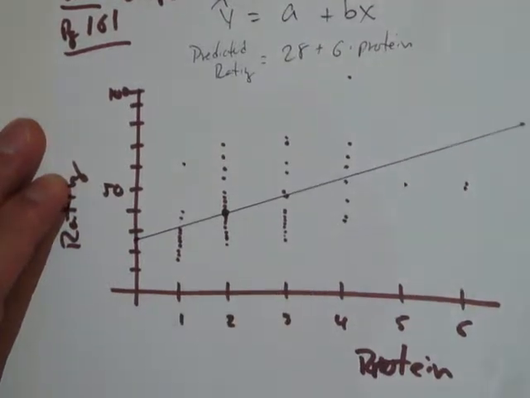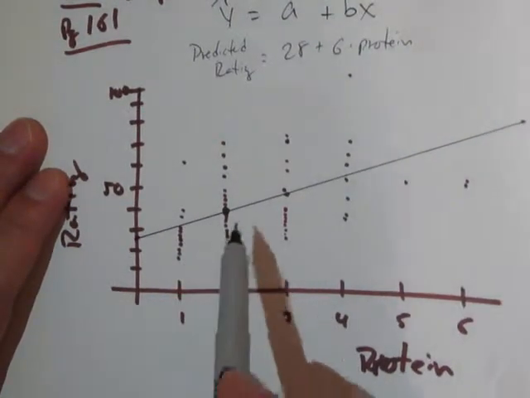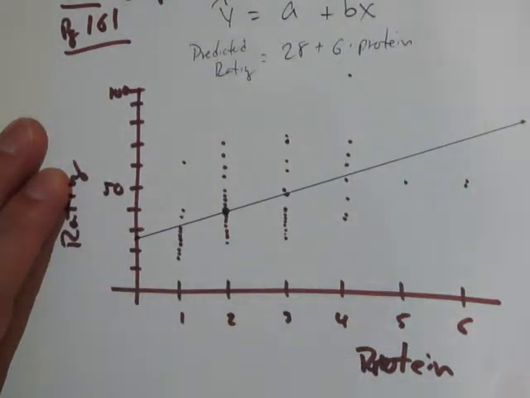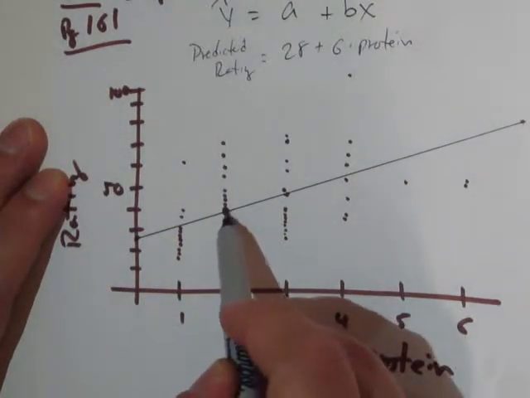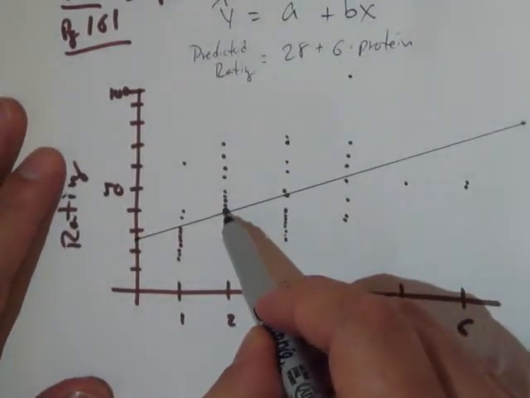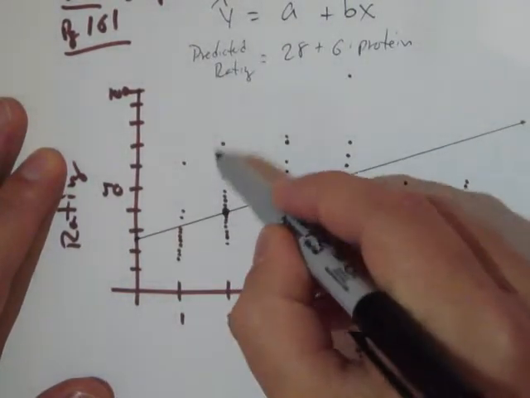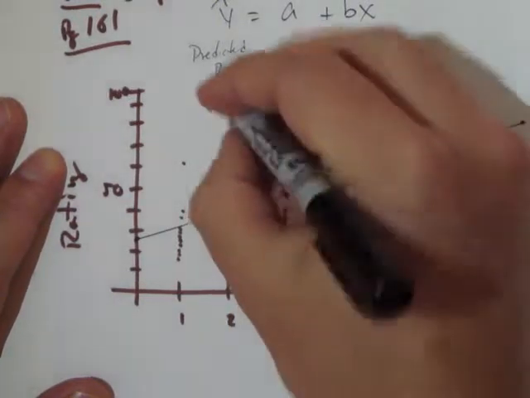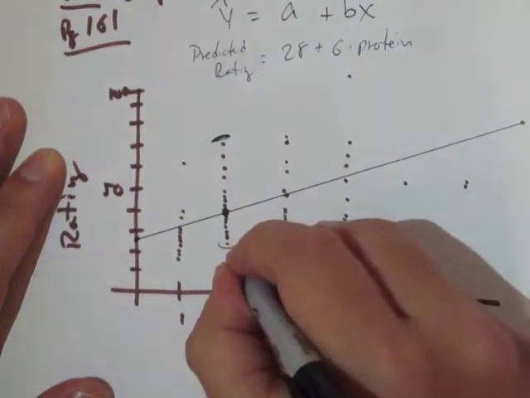Now the issue is, how confident are we in that prediction? We get this point exactly on the line, but we know the data is spread out pretty far. The actual cereals recorded here spread out from way up here to way down here.